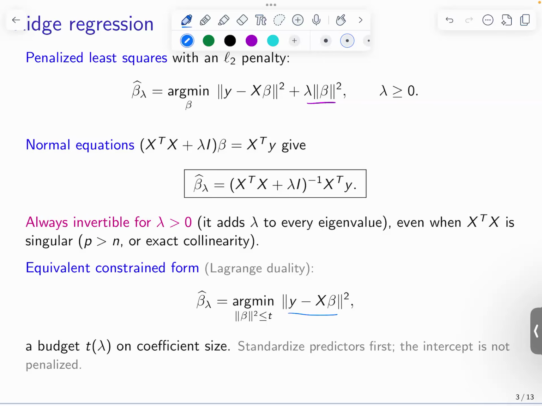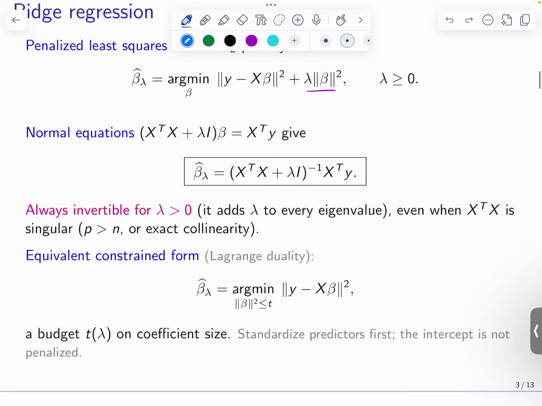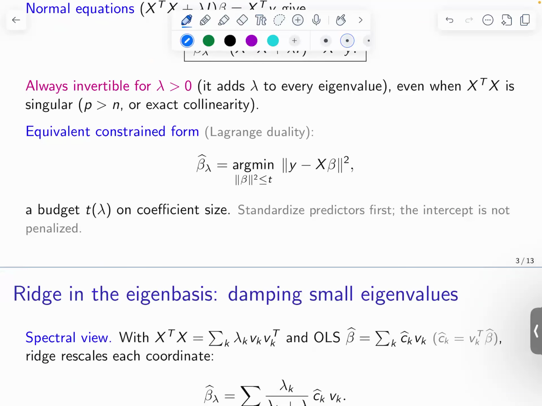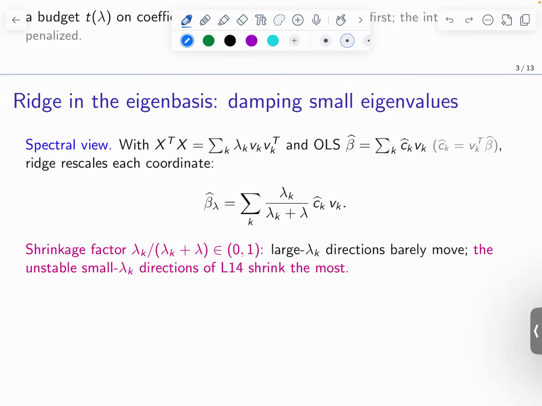This objective is not necessarily strongly convex, but the fact that they're dual and equivalent is a fact of convex optimization, which I'm not going to spend too much time on. So you can potentially solve this for a particular t, and it would correspond to the ridge for some lambda. Just worth noting.